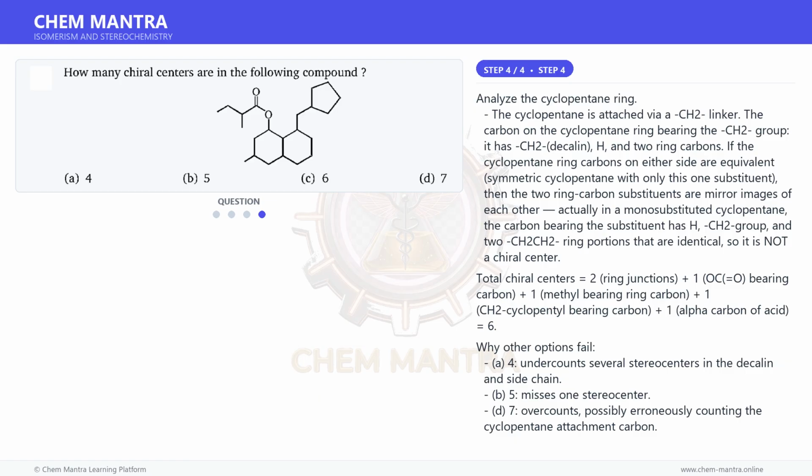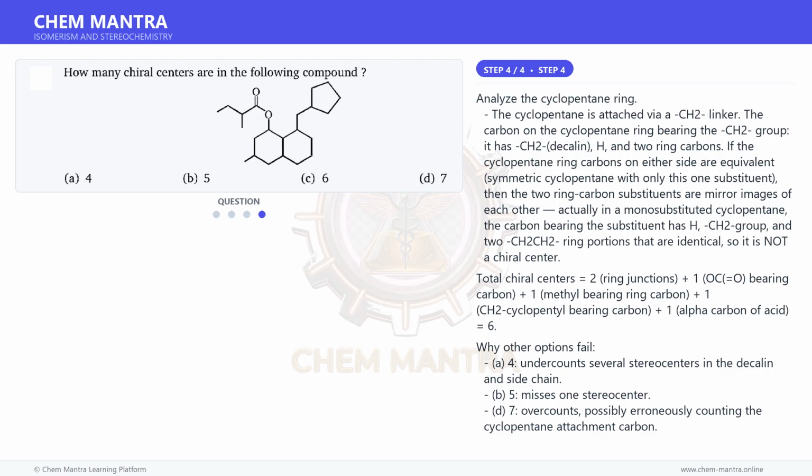If the cyclopentane ring carbons on either side are equivalent, a symmetric cyclopentane with only this one substituent, then the 2 ring carbon substituents are mirror images of each other. Actually, in a monosubstituted cyclopentane, the carbon bearing the substituent has H, CH2 group, and 2 CH2CH2 ring portions that are identical, so it is not a chiral center.